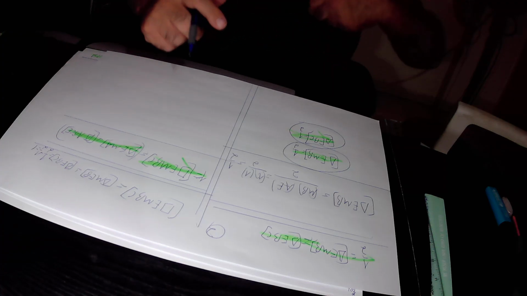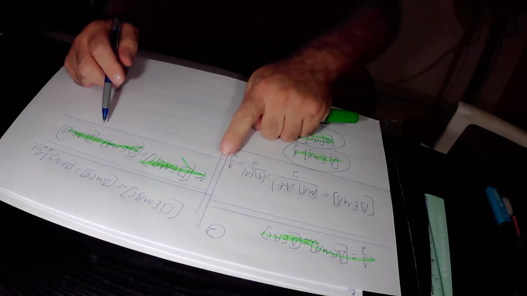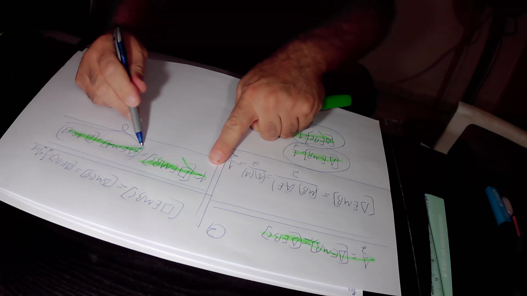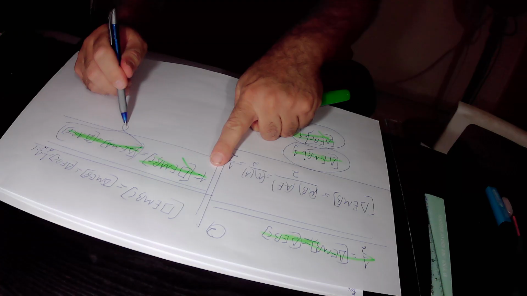So, from this long equation, we learn that those two sides are equal to each other.